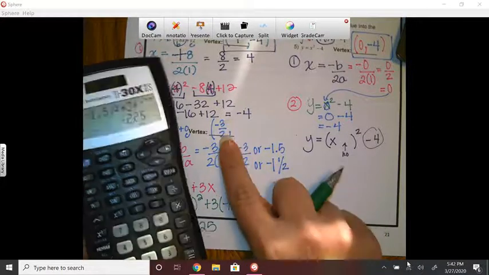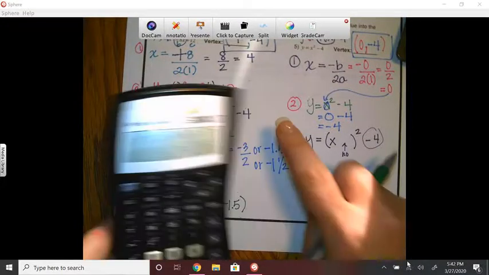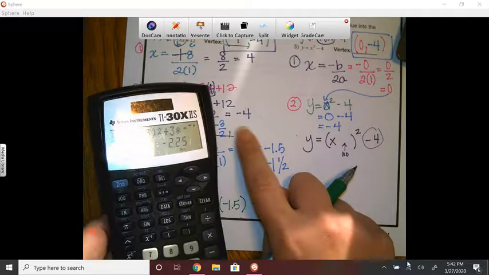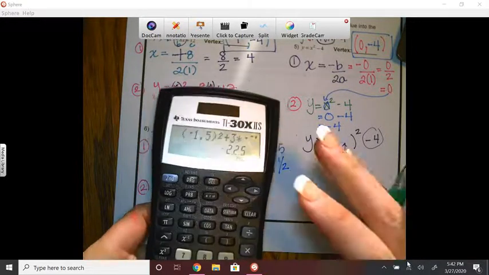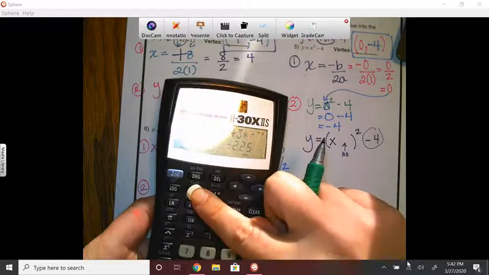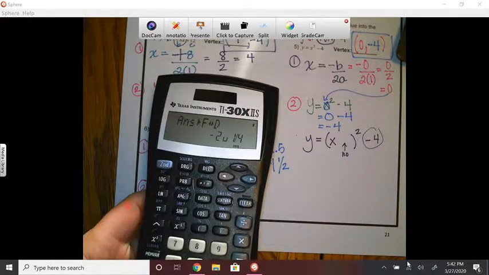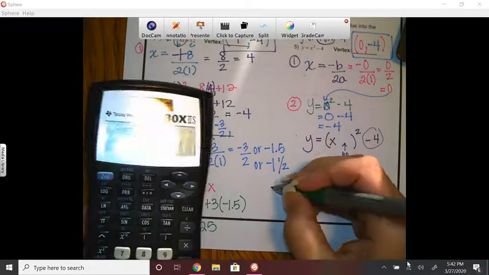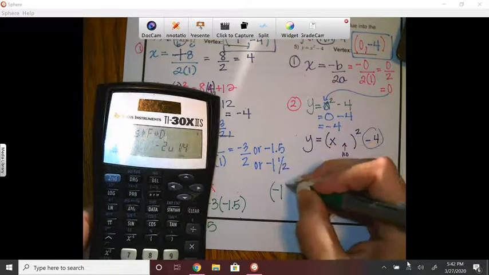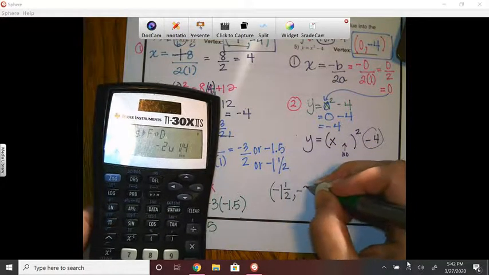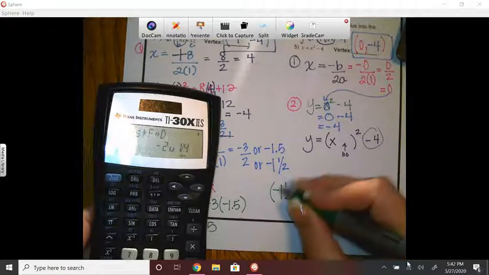Now, if you leave your answer as a fraction, you don't want to have one a fraction, one a decimal. That looks weird. We always leave it the same. So then I can click the F-D button, the second F-D button, and one answer I could have is -1 1/2, -2 1/4. That would be the answer with mixed numbers.